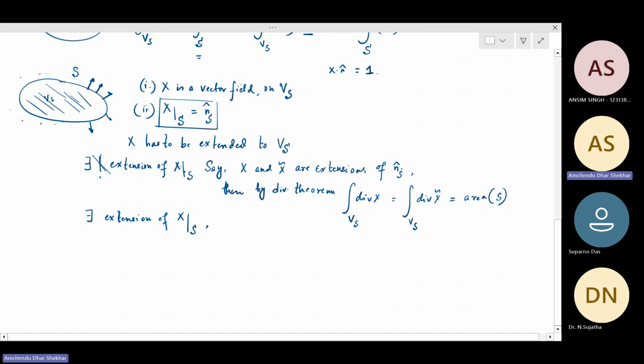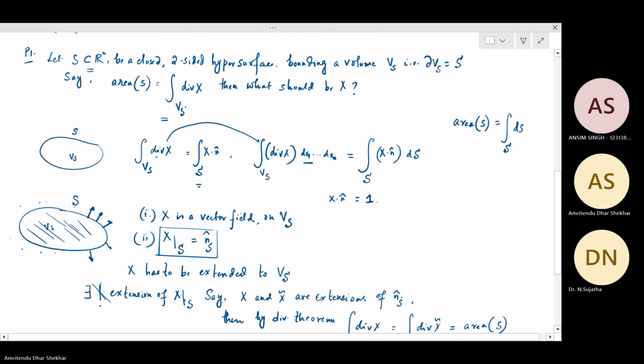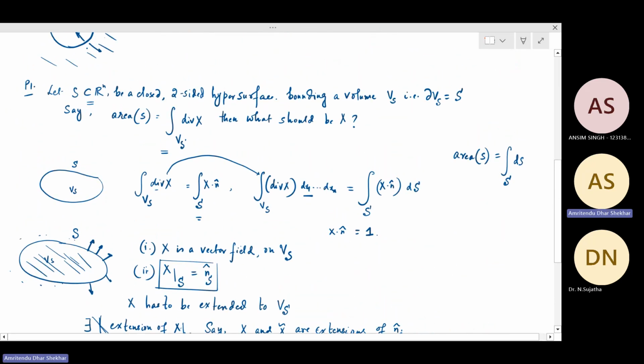So I'm just going to write it briefly over here. An extension exists by virtue of a tubular neighborhood of S. Don't worry too much about this, but an extension exists, and so indeed, the question is a little bit ambiguous.